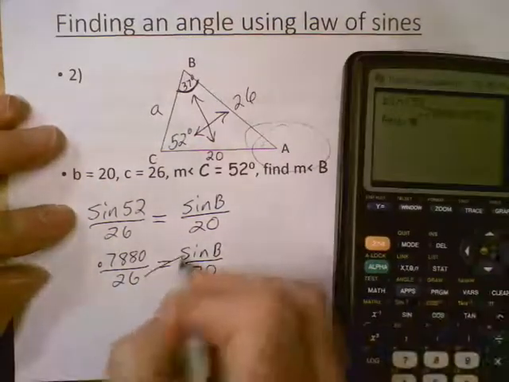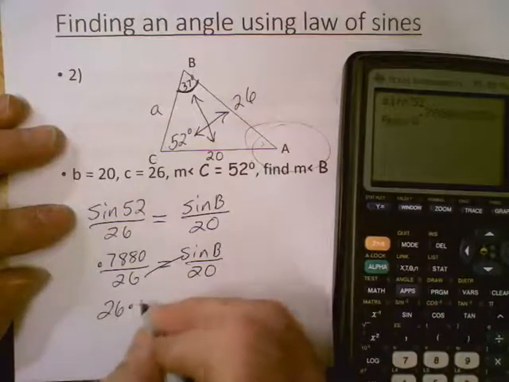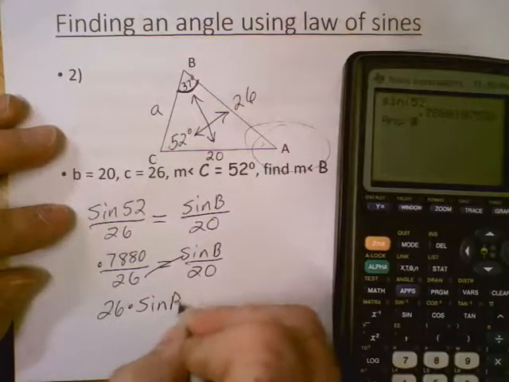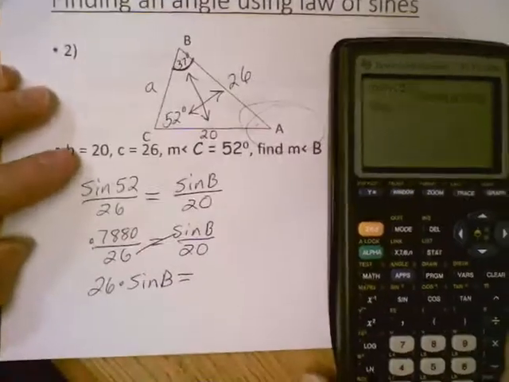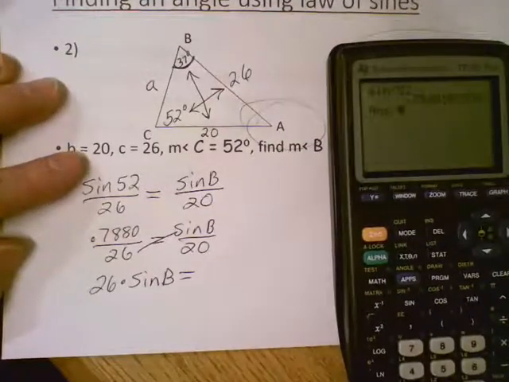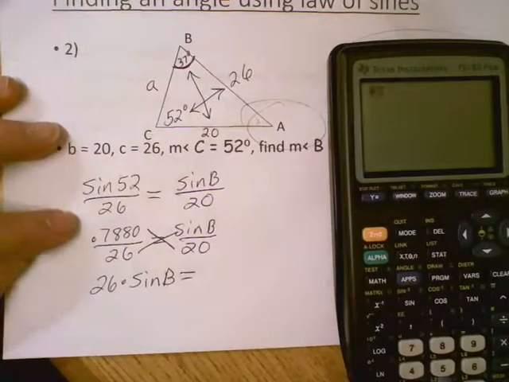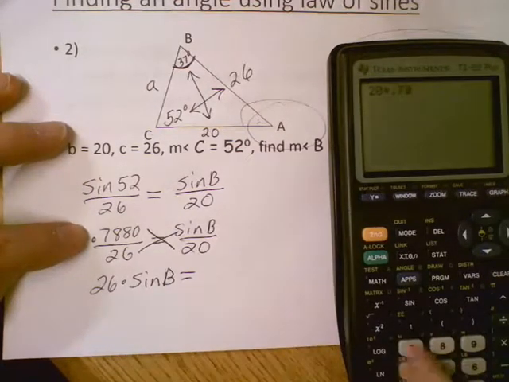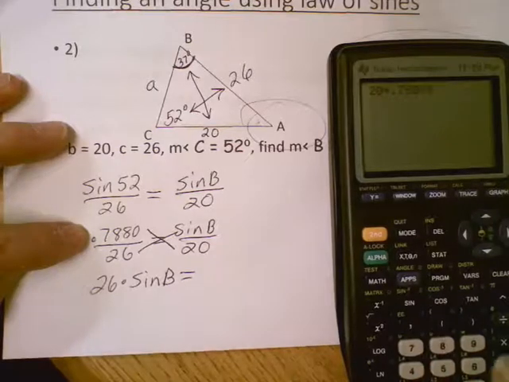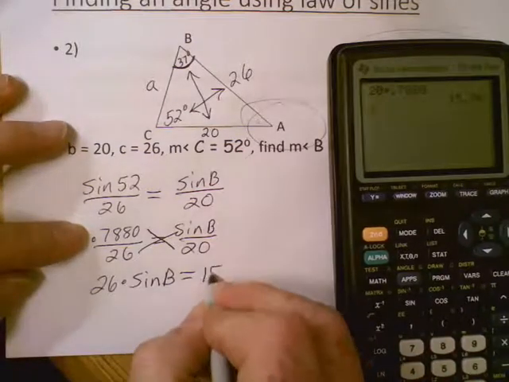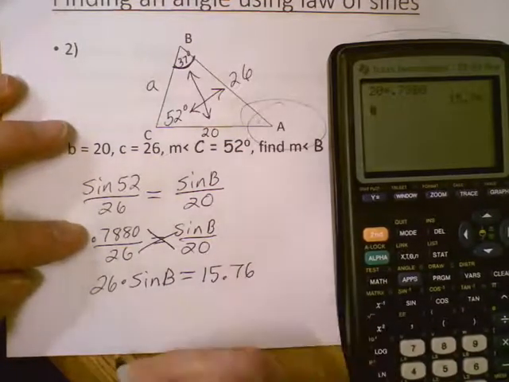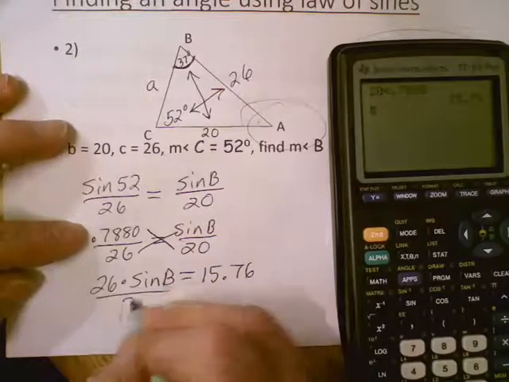I cross multiply, I get 26 times the sine of B. You'll probably notice that it's coming out the same as what it did on the other side, just a little different setup. And then going this way, I take 20 times 0.7880 and I get 15.76. Then I'm going to divide both sides by 26.